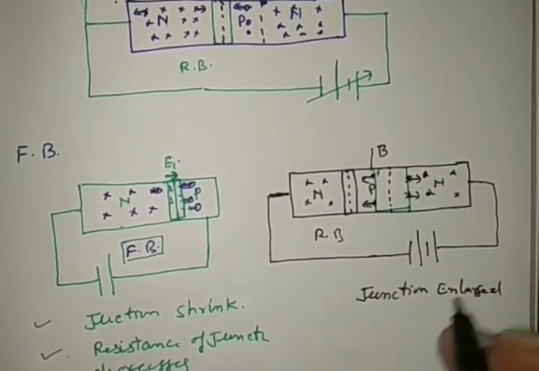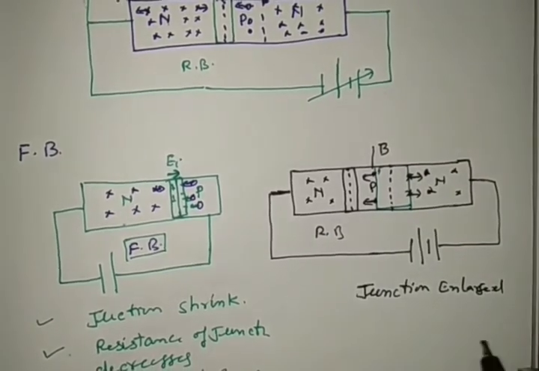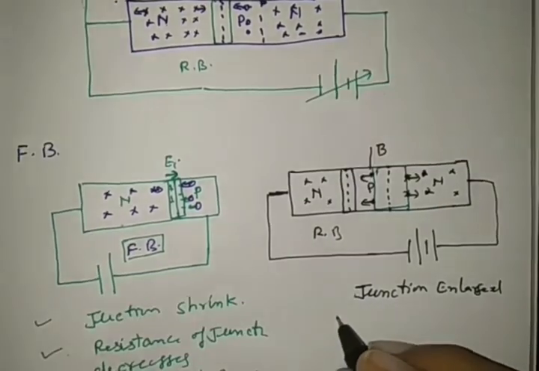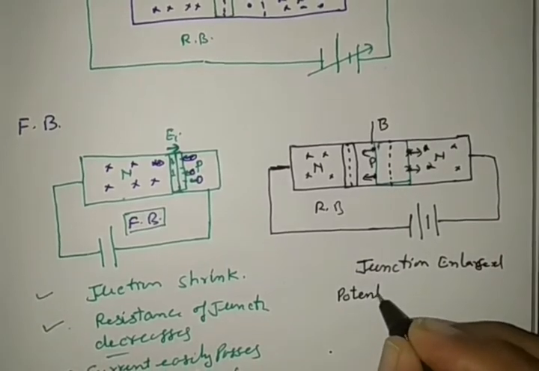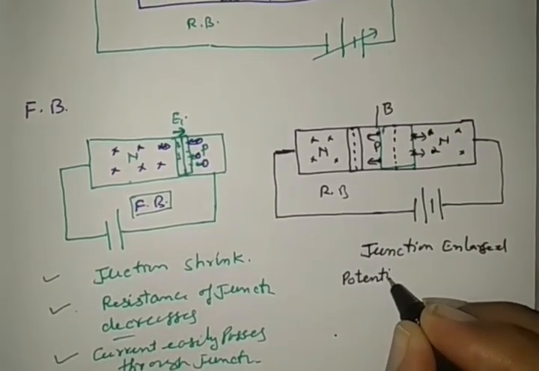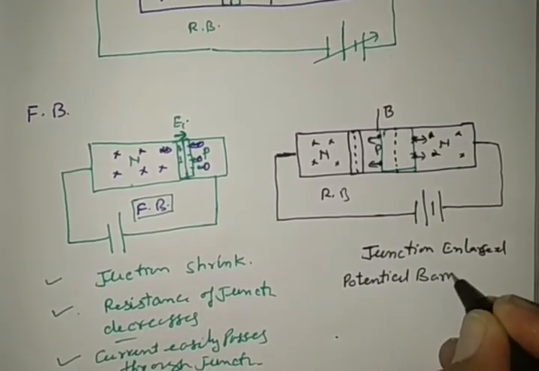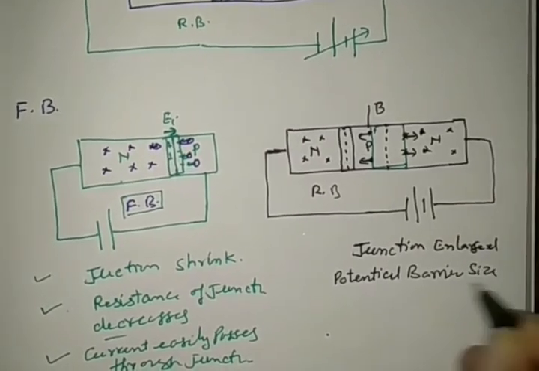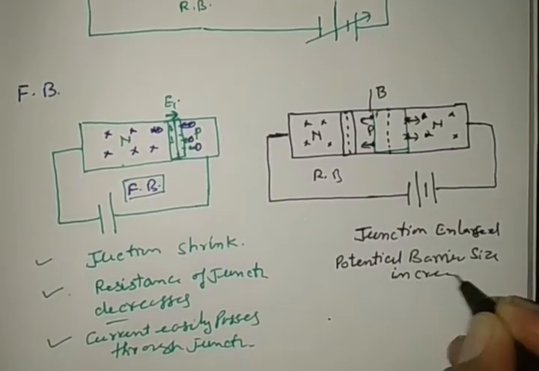Junction enlarged means what? The potential barrier size increases.